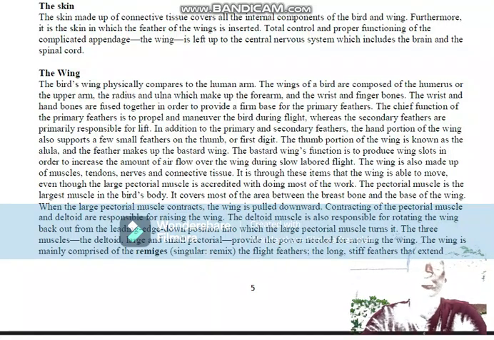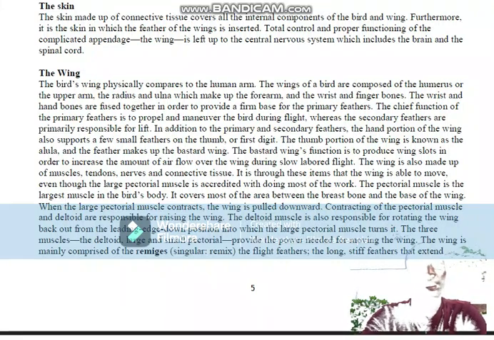Furthermore, the skin is the component in which the feathers are mainly inserted. Now, the proper functioning of all these wings, feathers and every part of the body is mainly associated with the central nervous system.